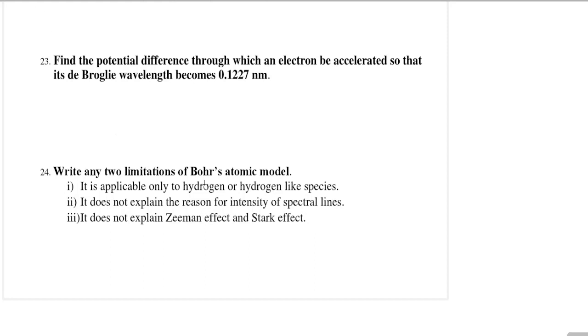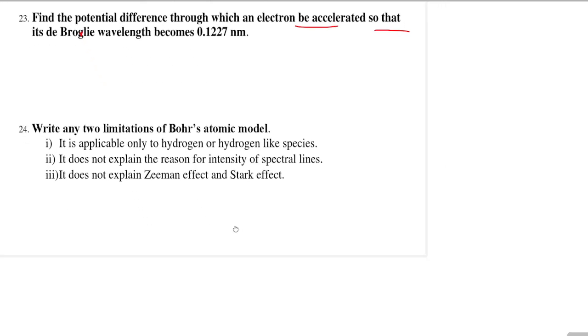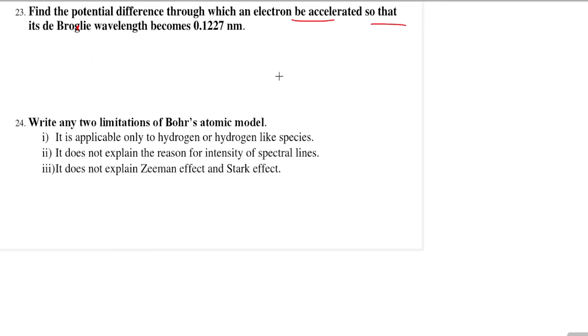14 says find the potential difference through which an electron must be accelerated so that its de Broglie wavelength becomes 0.1227 nanometer. Again there's a formula for this, just learn the formula.